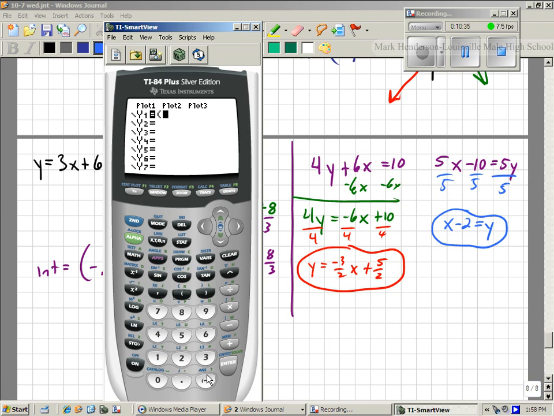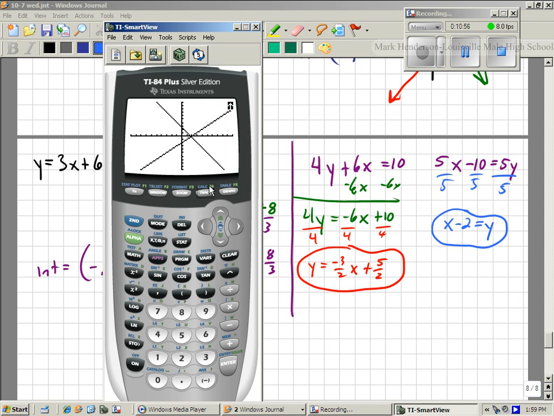All right, so here we get negative 3 halves x plus 5 halves. Again, remember that please put fractions in parentheses if you want to get everything correct on the calculator. You can graph it.